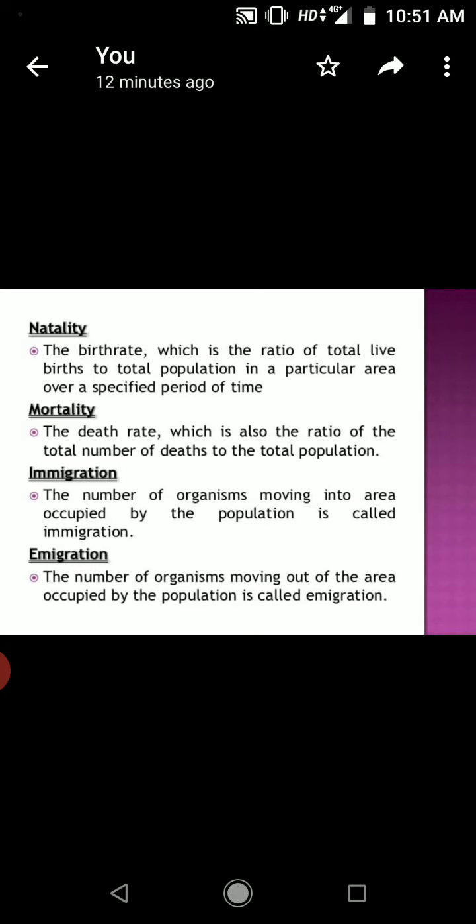That is called emigration. Totally, natality means the birth rate, mortality means the death rate, immigration means entering of new organisms to the particular area, and emigration means moving out of organisms from the particular area. These are important for 2 marks questions: natality, mortality, immigration and emigration.